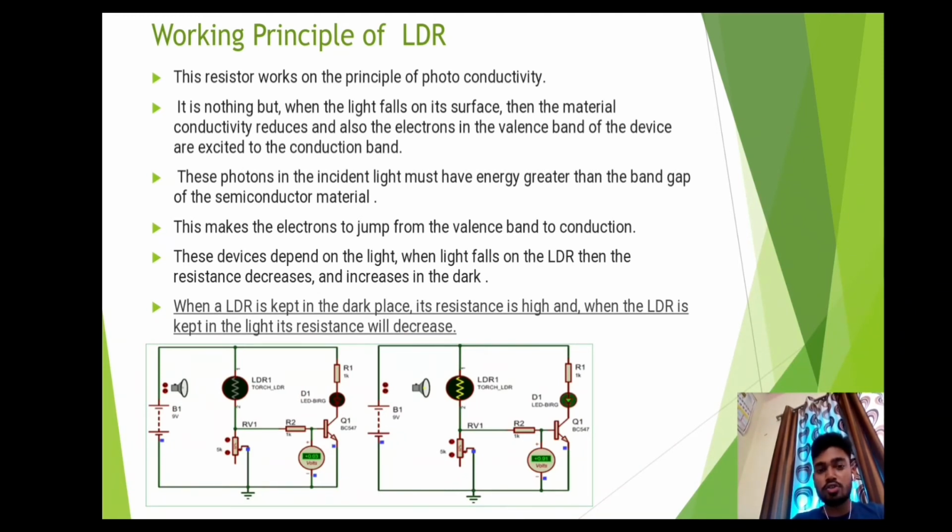This makes the electrons jump from the valence band to the conduction band. And when the valence electron jumps into the conduction band, conduction or flow of current takes place. These devices depend on light. When light falls on the LDR, the resistance decreases, and it increases in the dark.